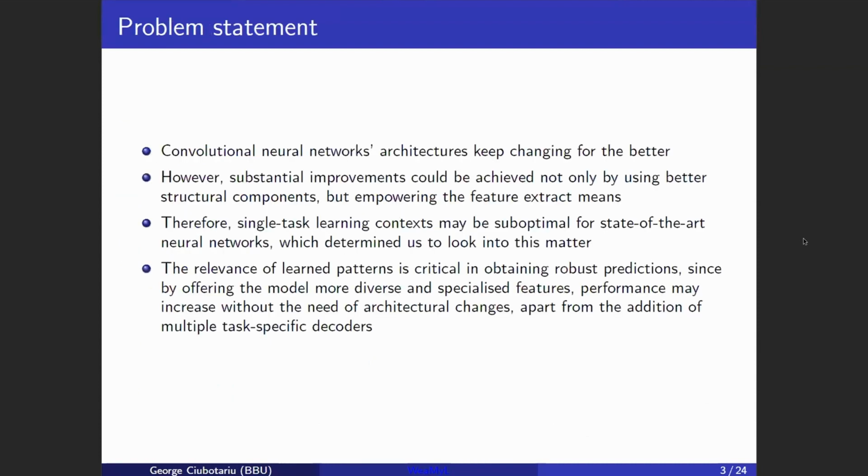Okay, so first of all, what we have to keep in mind in this presentation is that the convolutional neural networks are usually developed by researchers so that they have more performant building blocks so that they can eventually perform better and have more robust feature extraction means.